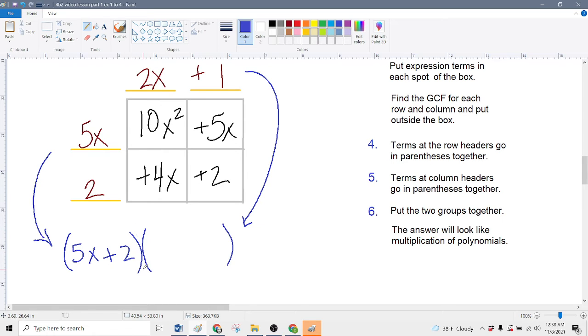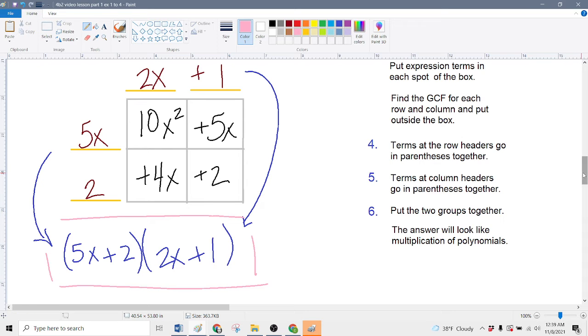And you can see that the parentheses are touching. That's because when we go backward or divide, we end up with that multiplication problem we started with, multiplication of polynomials. So when we're going backward, we'll end up with an answer that looks like a multiplication of polynomials problem, and that's exactly what we want.